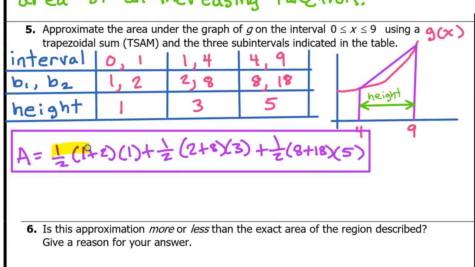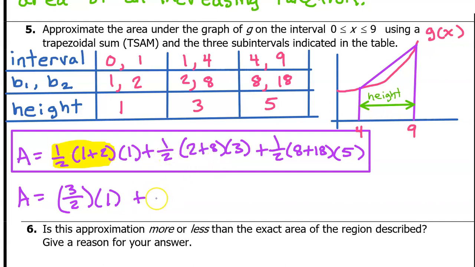Very often you will see the first part of each term simplified. So in this case we have area equals 1 plus 2 is 3. Half of 3 is 3 over 2. So you might see the first term written as 3 over 2 times 1. Similarly, we have 2 plus 8, that's 10.